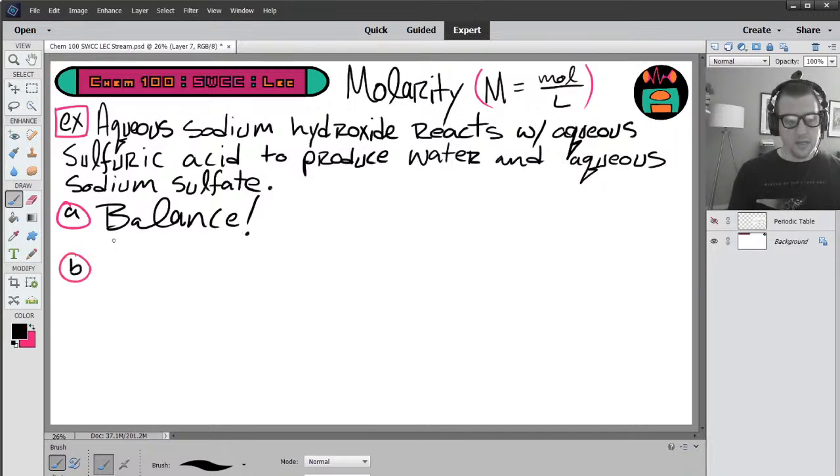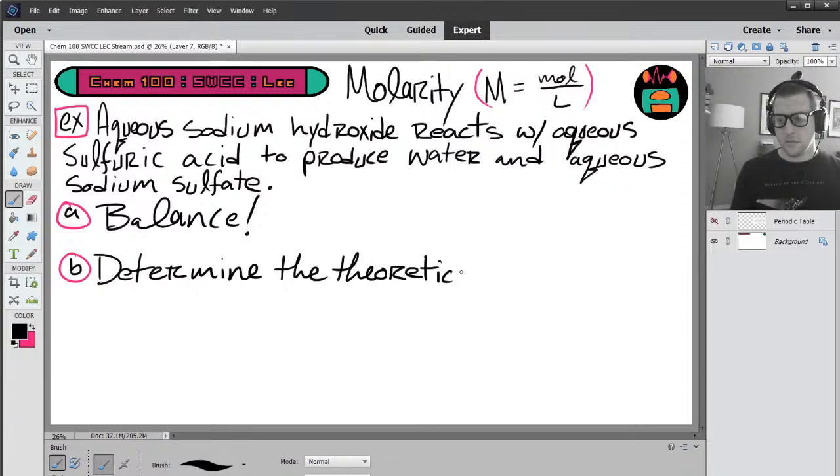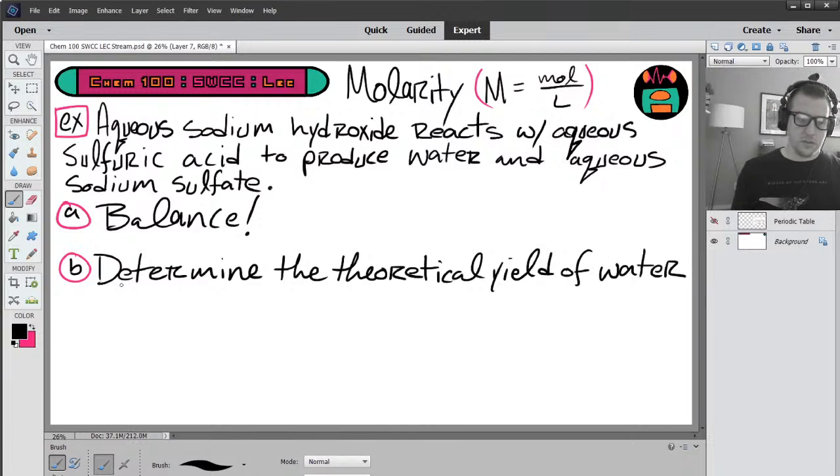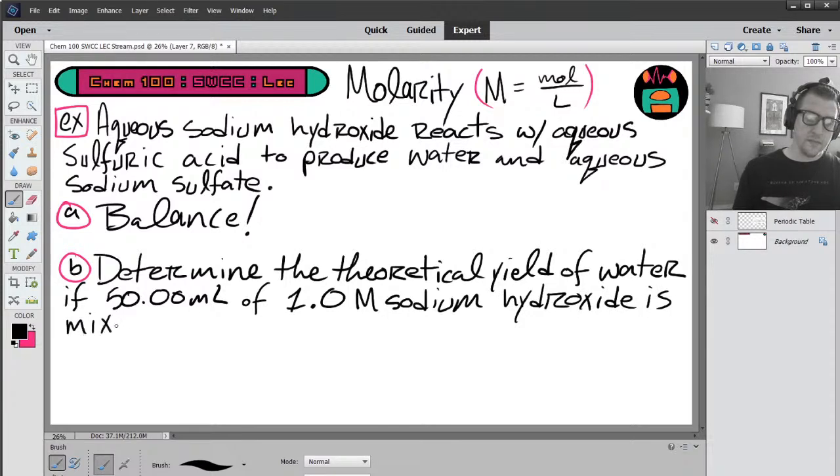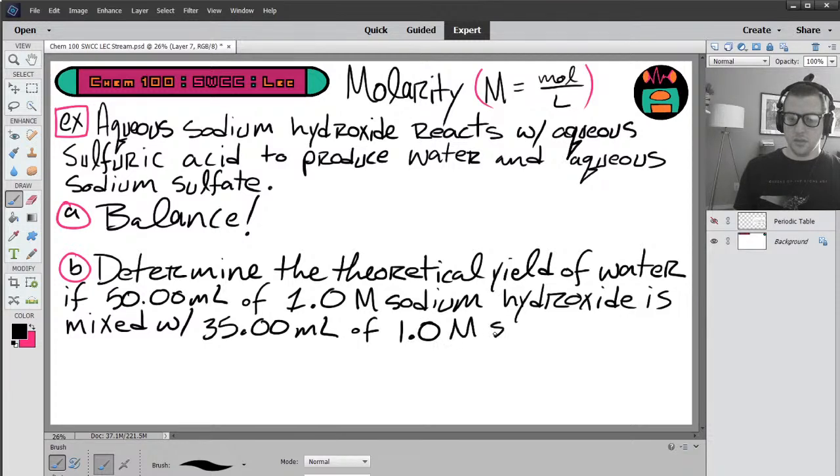Part B. Determine the theoretical yield of water if 50 milliliters of 1.0 molar sodium hydroxide is mixed with 35.00 milliliters of 1.0 molar sulfuric acid.